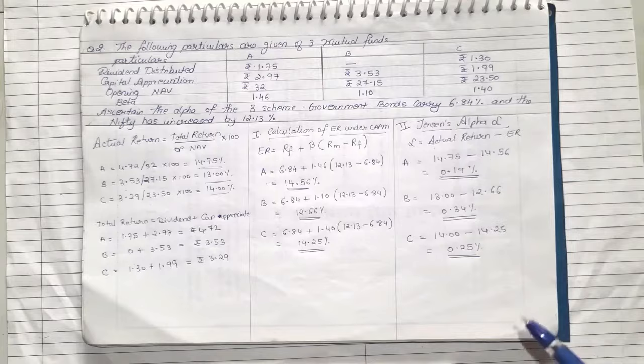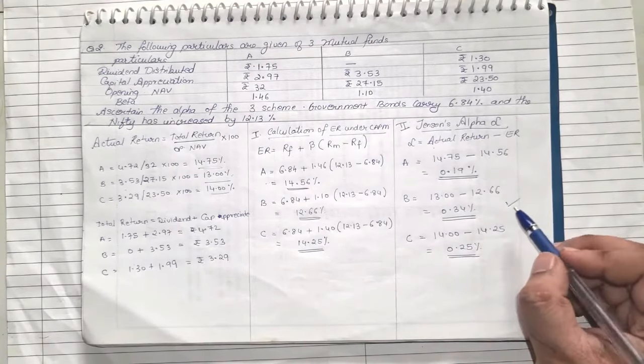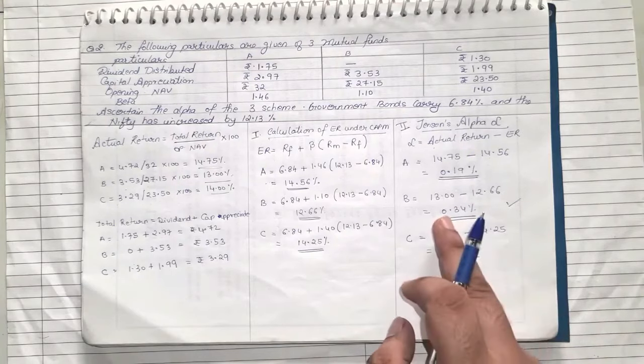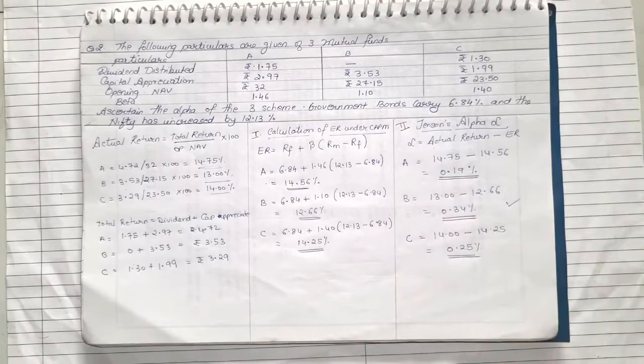So looking at it, the one which is the highest is the most preferred investment, followed by the other two. Okay, so the most preferred one will be your portfolio B, or your investment or your security B, depending on whatever they have given you in the question. So B is the best option. It has outperformed the other two.